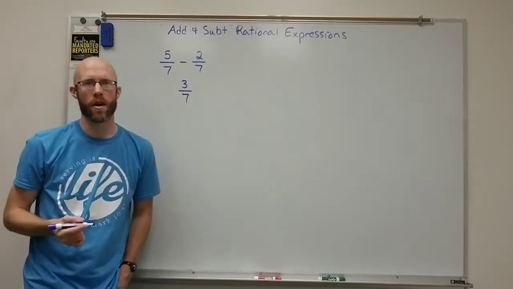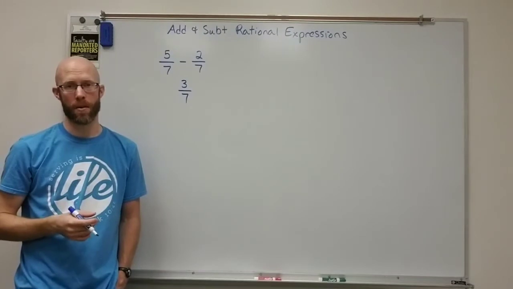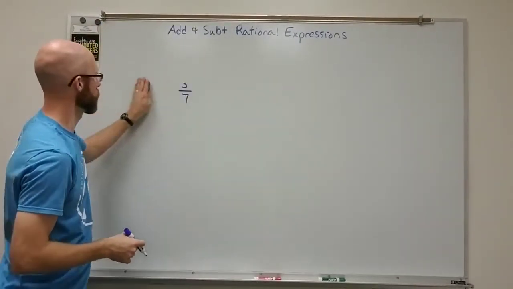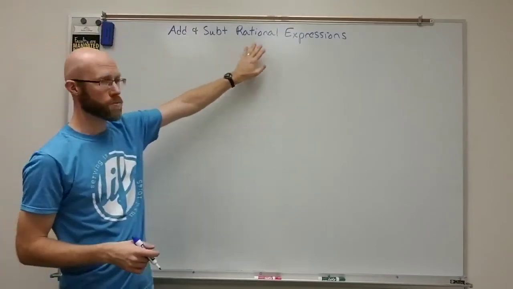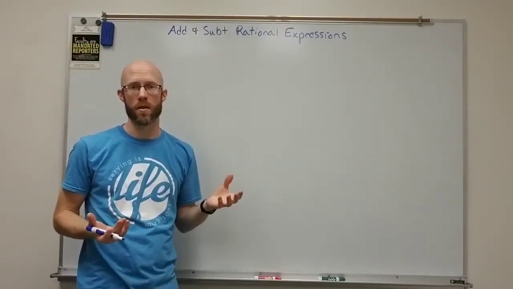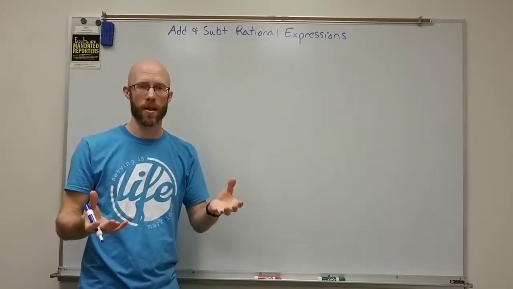So very simple arithmetic when you have a common denominator. And so if you have larger rational expressions that have the same denominator, you can treat them the same way. You just add or subtract the numerators and then leave the denominator the same.